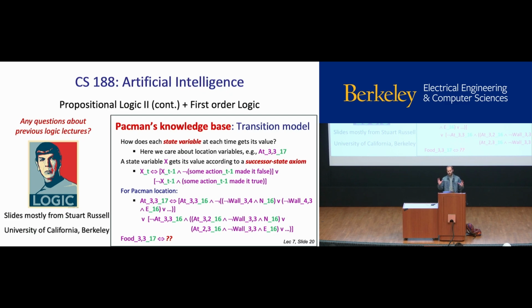But just for this one small piece of knowledge that we want Pacman to have, how does the variable X_t, which is going to take a value of true or false, change over time? How might that depend on other things that happen? So this is a general framework for constructing sentences that can constrain what an agent with this knowledge base can believe.